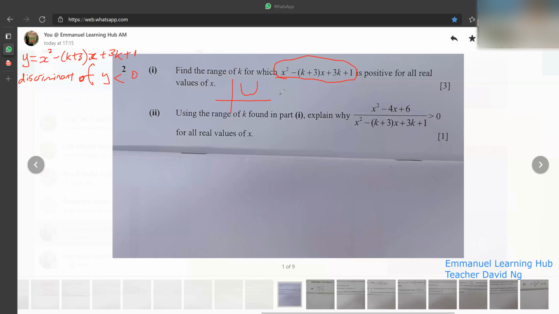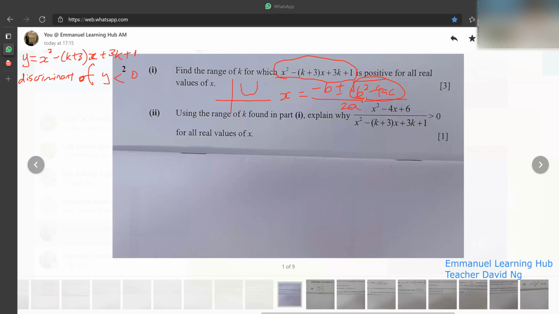No real roots means that your root, x equals minus b plus minus square root of b squared minus 4ac, over 2a. The part under the square root has to be negative, because the square root of a negative is undefined.